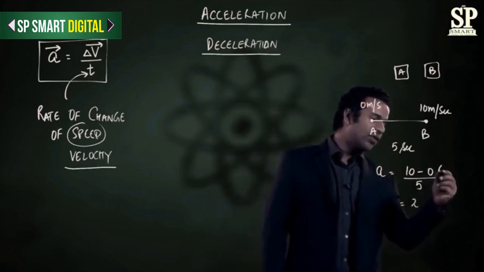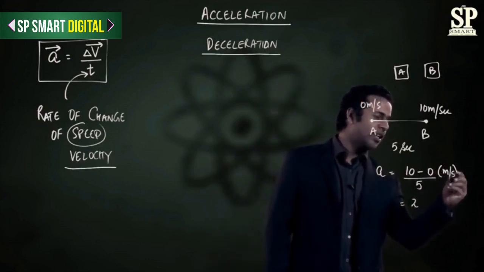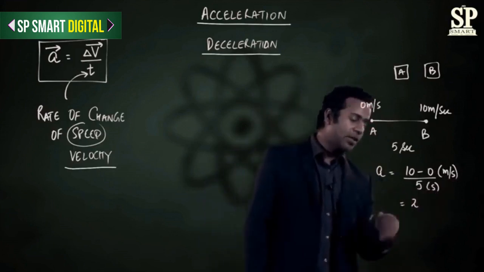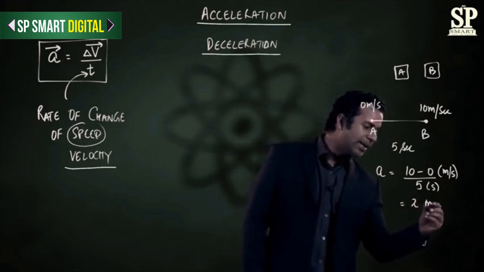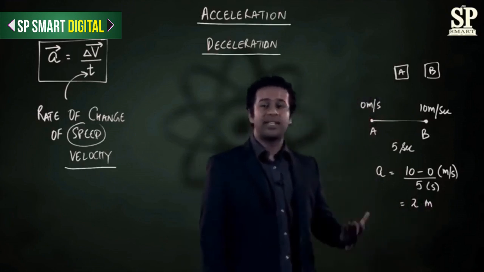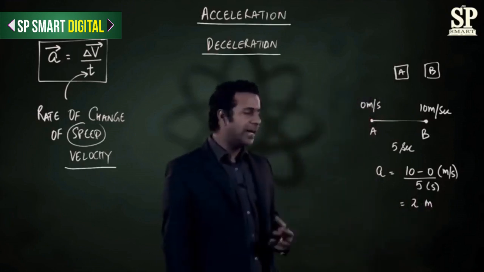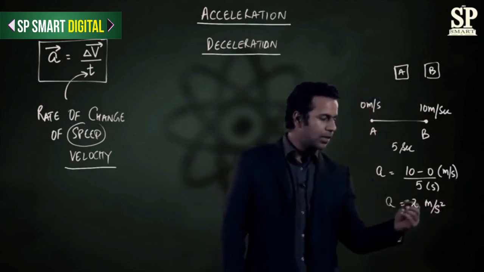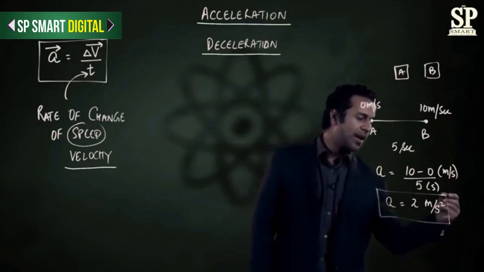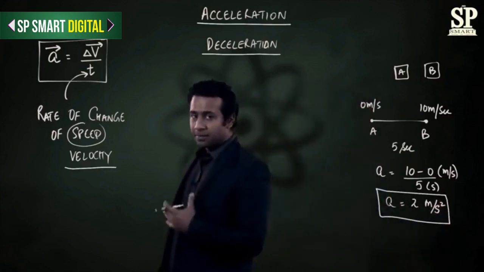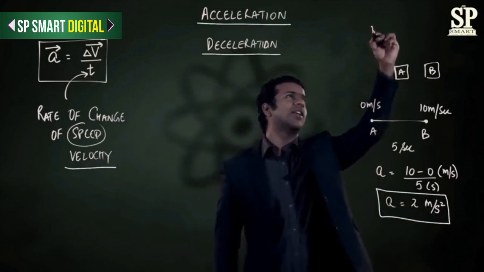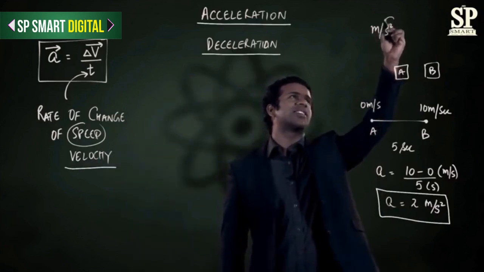The speeds which we are measuring are measured in meter per second. The time is measured in seconds. So the unit should be meter per second divided by second, which can be written as meter divided by second square. So the acceleration becomes 2 meter per second square. And meter per second square is the unit in which acceleration is measured.